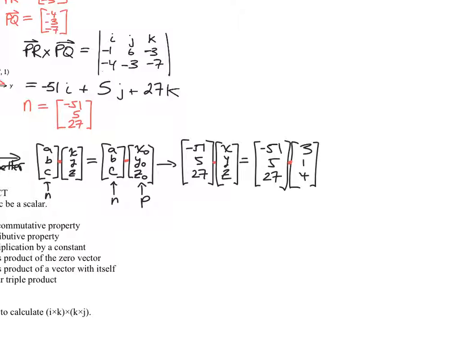All right, so left-hand side, negative 51x plus 5y plus 27z. Right-hand side, you just got to do the work. We're looking at, was it negative 153 plus 5 is negative 148 plus 108.